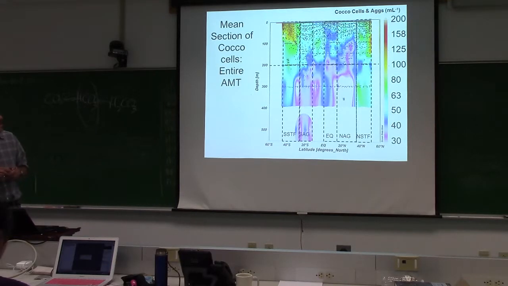And now down here in the southern part of the South Atlantic, concentrations are upwards of 150 to 200. These are not blooms, but there clearly are more here than in this region around the equator, which is a real surprise to me, because it's predominantly an upwelling region. But that's another story. Yes?